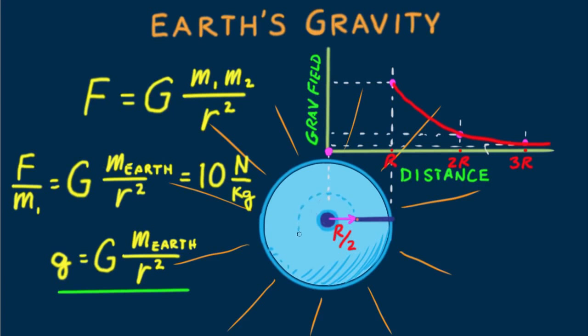I'm taking a shortcut and telling you what happens here. It so happens that the pulls by Earth's mass at radial distances above the halfway point, r/2, cancel. That's right, the resulting gravitational force acting on a mass at the bottom of the shaft is due only to Earth mass below the r/2 region.